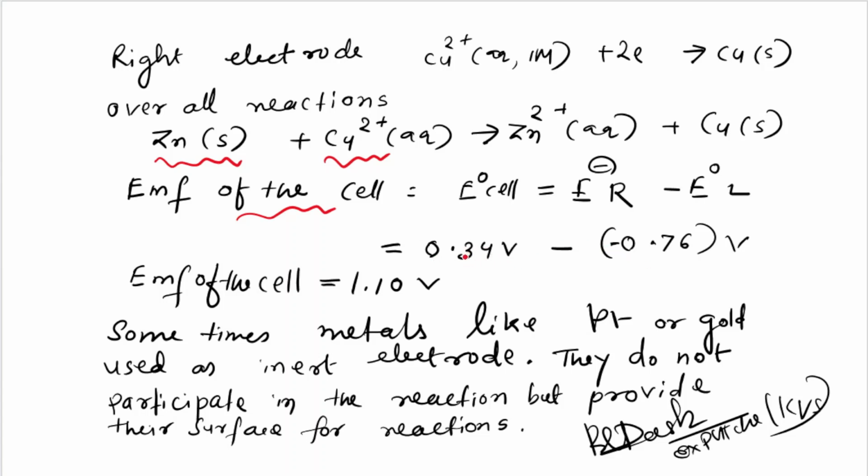The cathode value is 0.34 volt, whereas the anode value is minus 0.76 volt. When you take the result, the EMF of the cell is the addition, so it gives 1.10 volt.